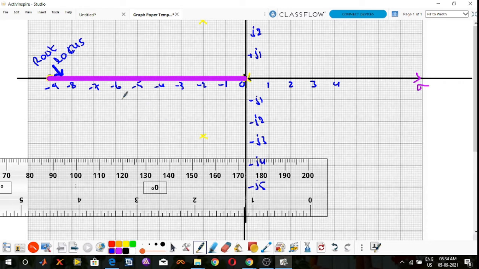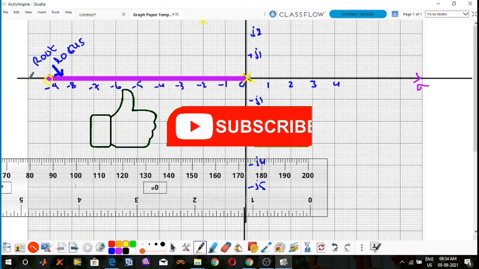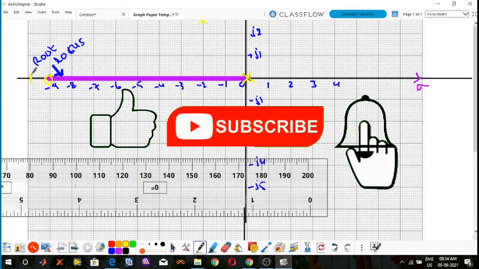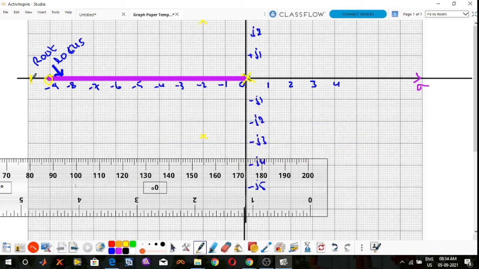Similarly, next consider the test point to the left of s is equal to minus 9 zero. This is my test point. To the right of this test point, count the total number of poles and zeros.